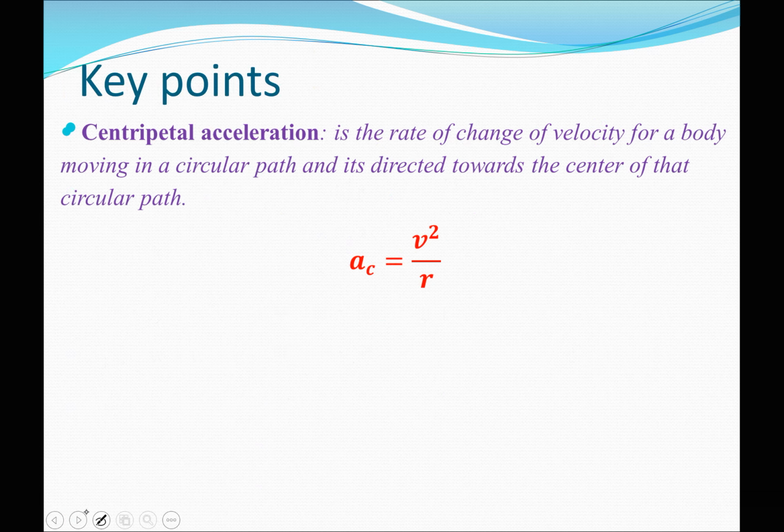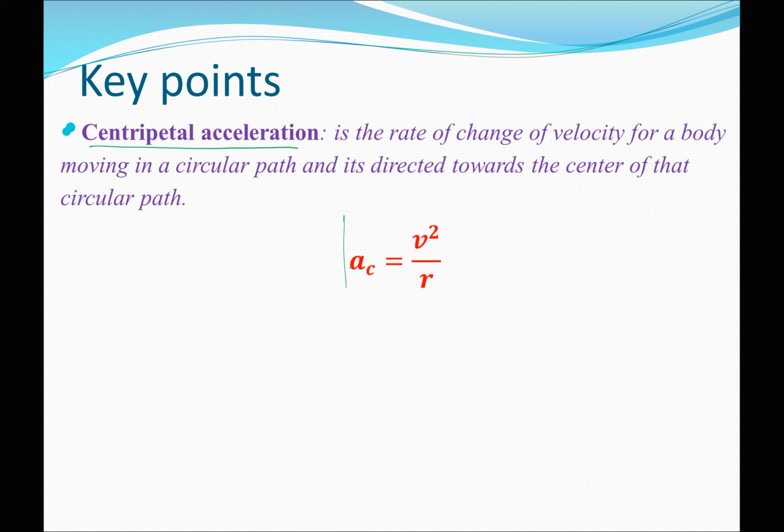So we shall define centripetal acceleration as the rate of change of velocity for a body moving in a circular path, and it is directed towards the center of that circular path.